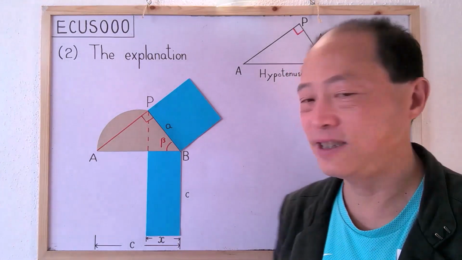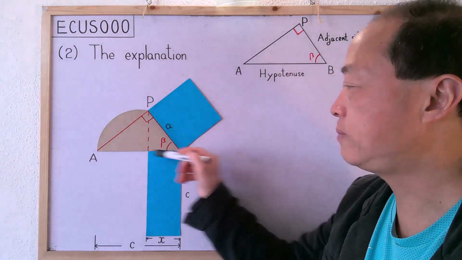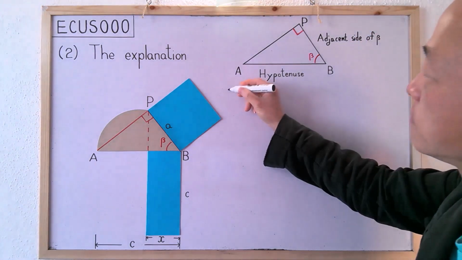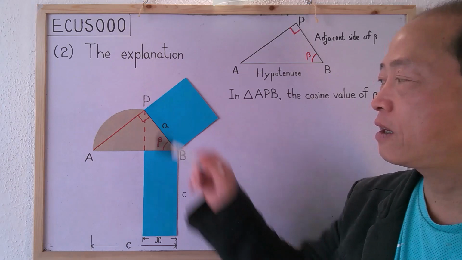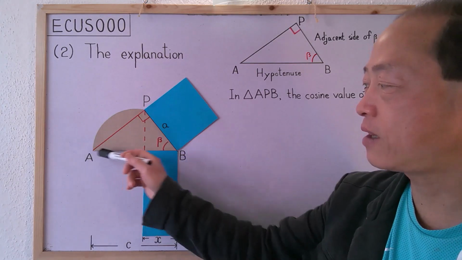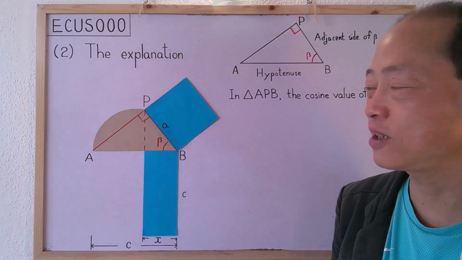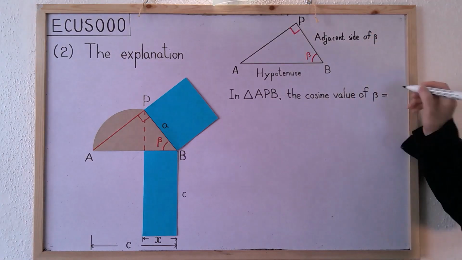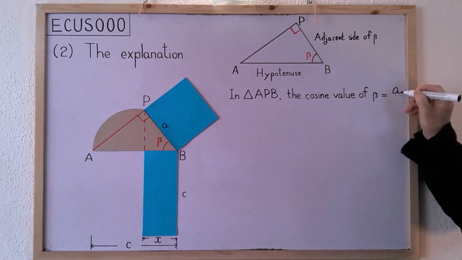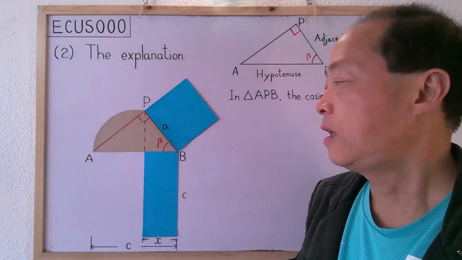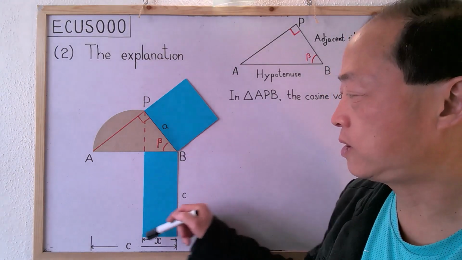Its length is C. In triangle APB, the cosine value of beta is the length of the adjacent side, that is A, divided by the length of the hypotenuse, that is C. Therefore, it is A divided by C.